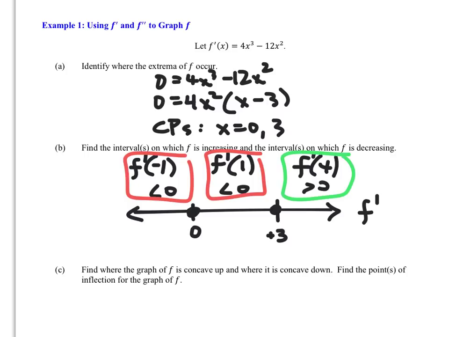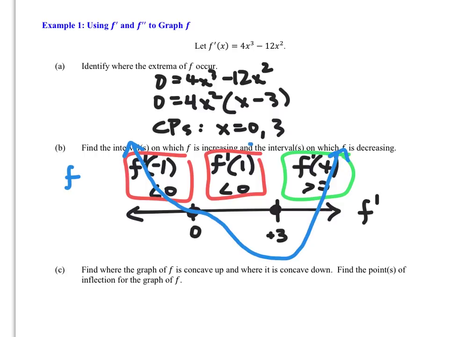So if I were just to make a general sketch of f in blue, I would have a decreasing function where the derivative is 0 there, and I'd have a min, and I'd come up right here.